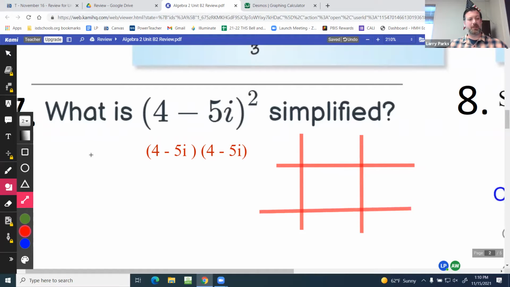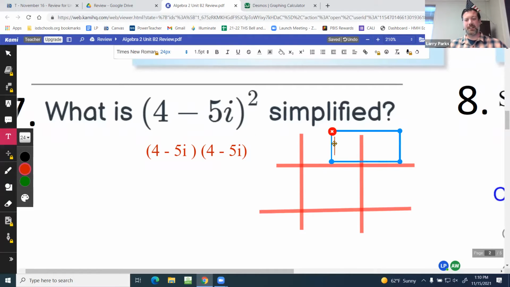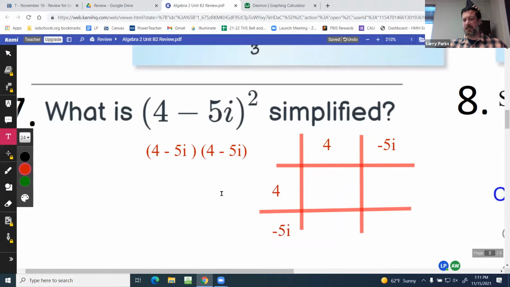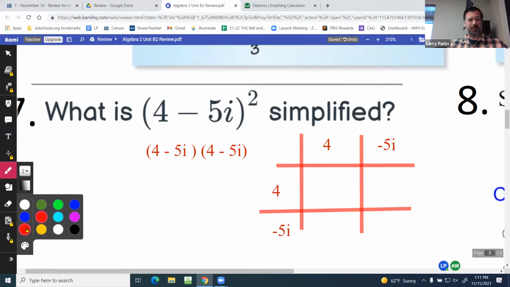So what I usually do is I put 4 minus 5i here, and then 4 minus 5i here. Then I multiply them, or you could just distribute, whichever way you like.